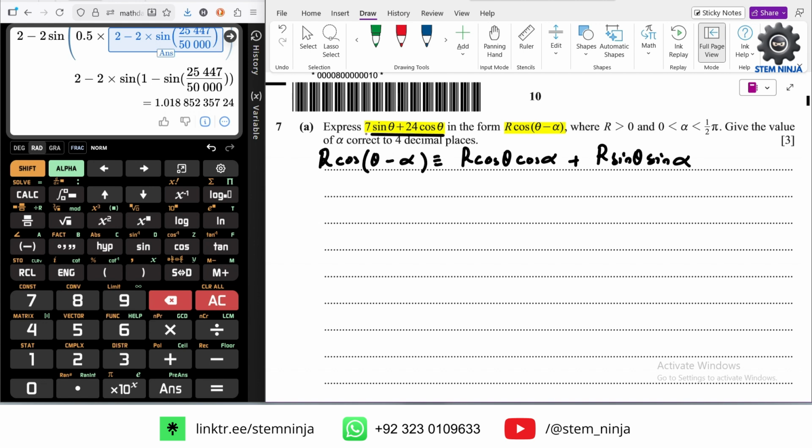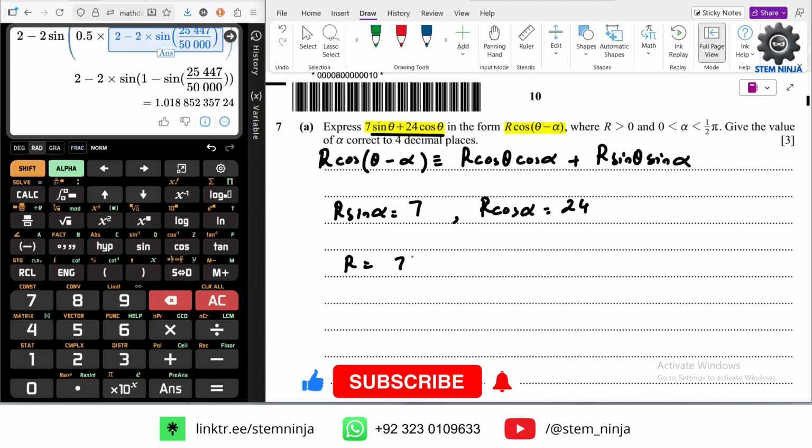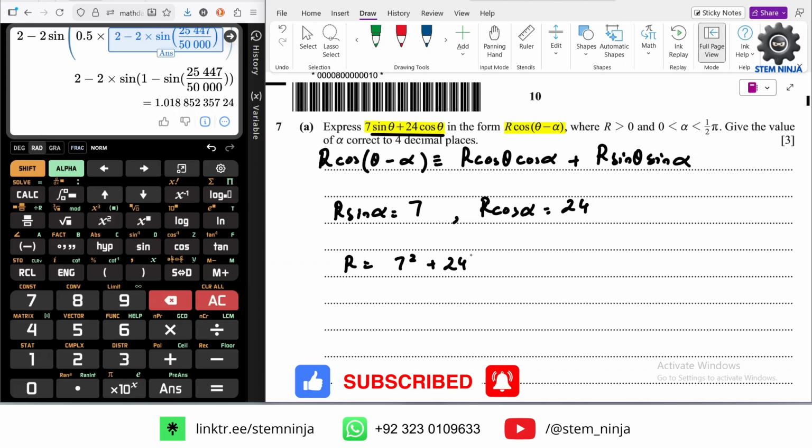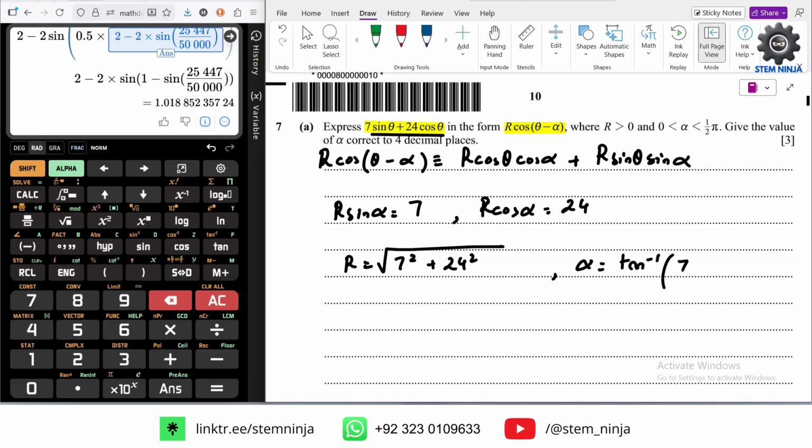This means that the sine theta component, r sine alpha, is equal to 7, and r cos alpha is 24.